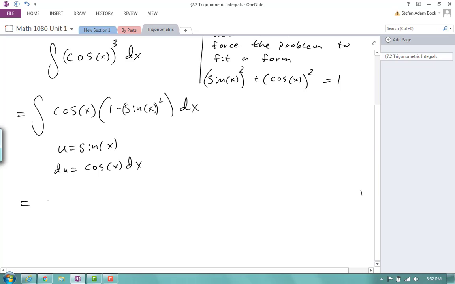So what does that give me? That's going to give me the integral of 1 minus u squared du, leaving me with u minus u cubed over 3 plus c, which is equal to sine of x minus sine of x cubed over 3.